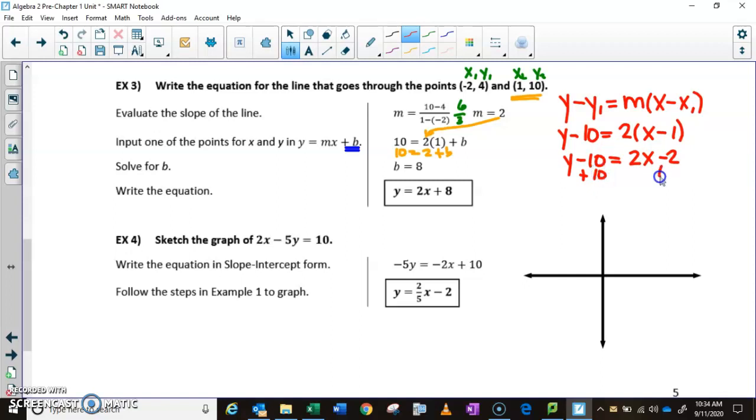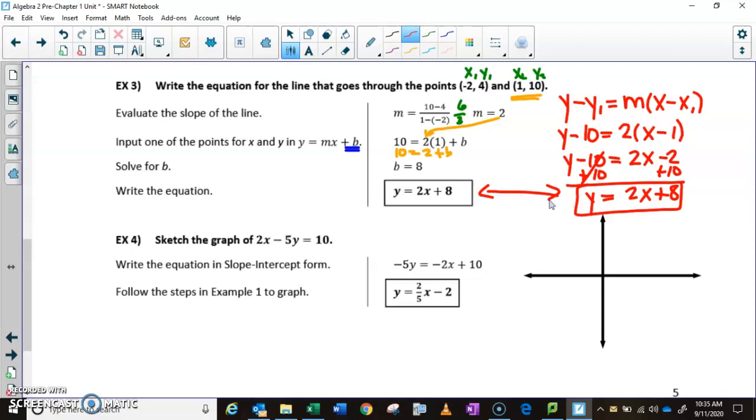We'll add 10 to both sides, and y will equal 2x plus 8. Notice how we ended up with the same equation in slope-intercept form, just using a different method. So this time I'm showing you a new method, in case you did not learn the method of slope-intercept form instead of the point-slope form that you might have learned back in 8th grade.